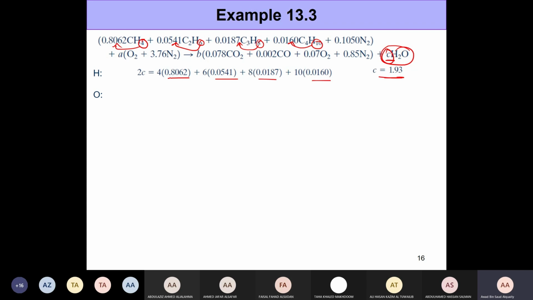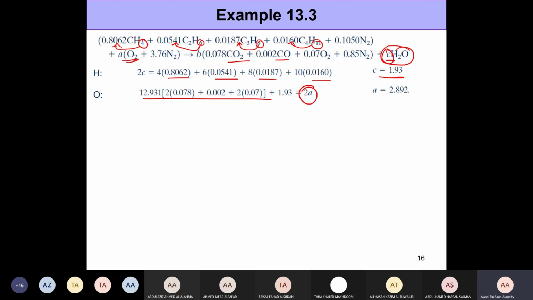Now we can do an atom balance for oxygen. You could also do it for nitrogen, but let's say we're just doing it for oxygen. So again, on the reactant side, oxygen appears only in air. It's not there in any of the fuel like we had earlier. So you just have 2A, and 2A will be equal to the oxygen in several compounds on the product side.